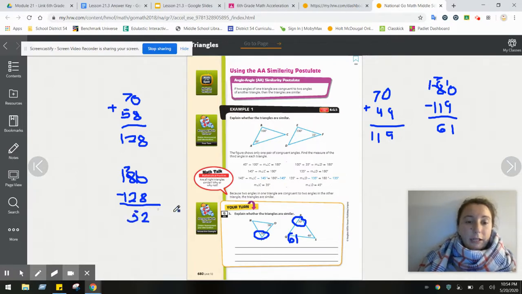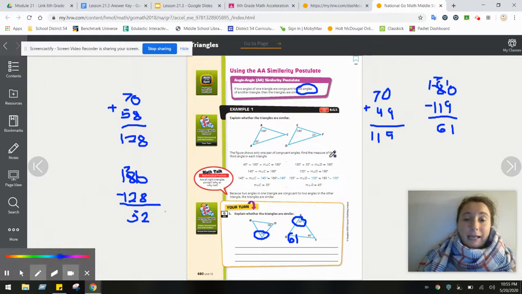The missing angle here, N, is 52 degrees. 52 degrees also doesn't match either of the angles left over in this triangle. So explain whether the triangles are similar. In this case, we would say no, they are not similar because they only have one set of congruent angles in the triangles, not two. Again, you need to have two angles congruent to each other from both triangles in order to be considered similar, and in this case, we do not have that.